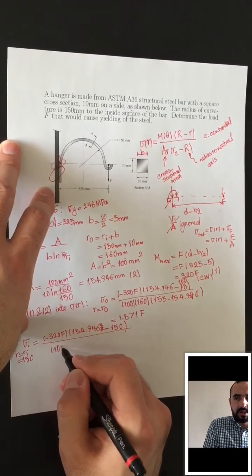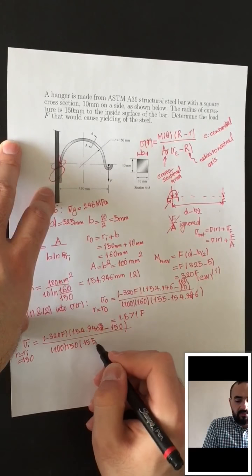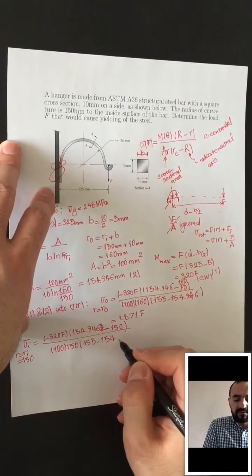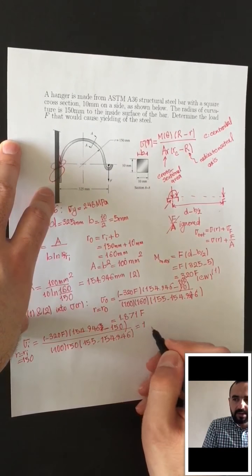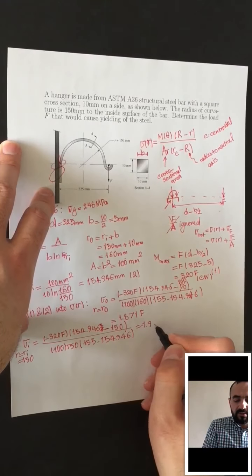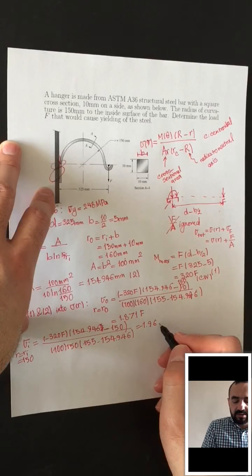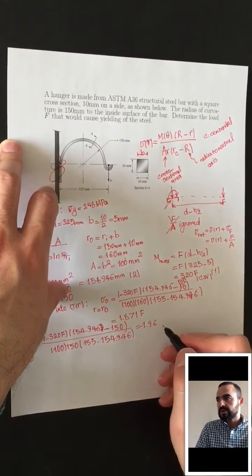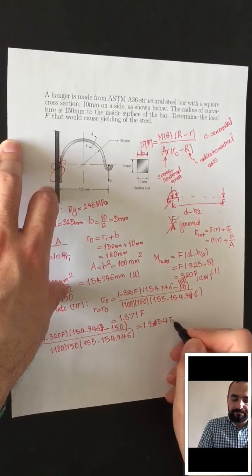Divide that by 100, 150, and 155 minus 154.946. And you get minus 1.954.